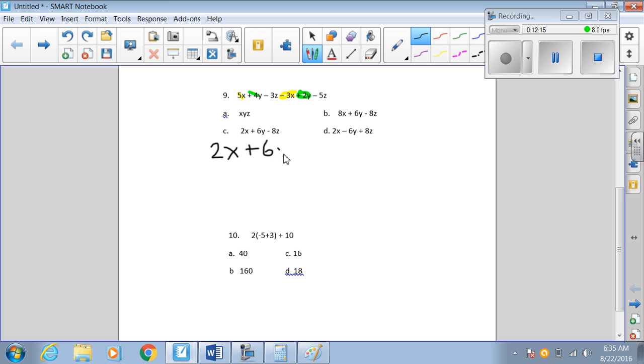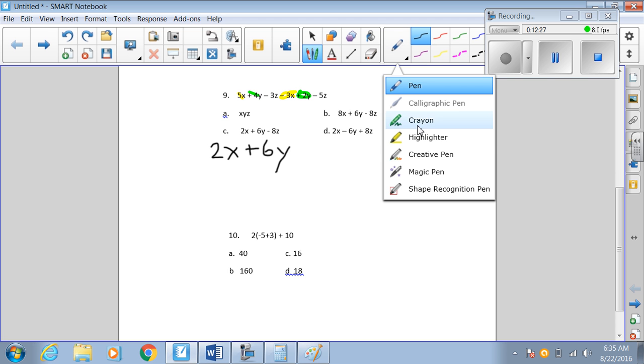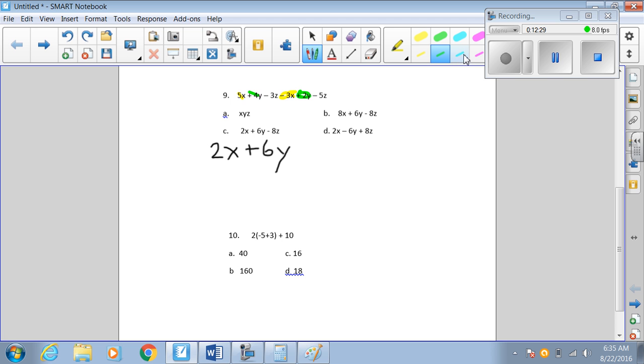And we already know the answer is going to be C because that's the only one that fits this description. But let's finish out the problem together. I'll go with one last highlighter, and we'll put this one in light blue. And let's find all our z's. We have a negative 3z, and then we have a negative 5z.